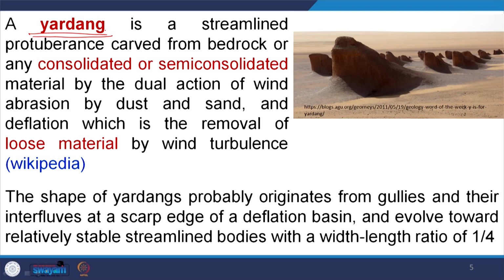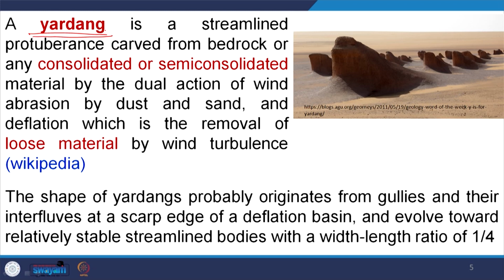It is a streamlined protuberance carved out of bedrock or any consolidated or semi-consolidated material by the dual action of wind abrasion by dust and sand, and deflation, by which the abraded material is removed by the wind. This loose material is removed so that only the rock surface is left. This is how a yardang is produced.